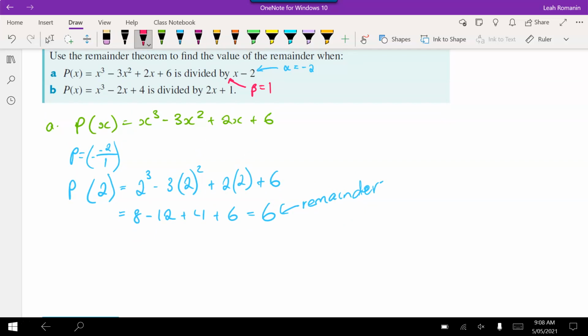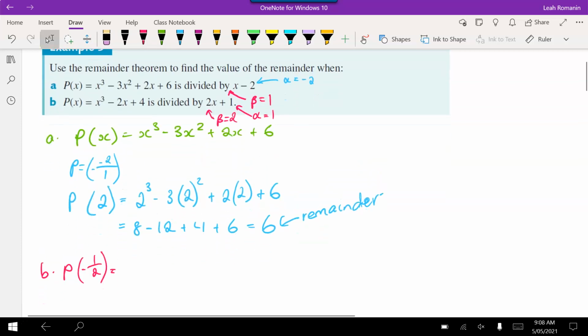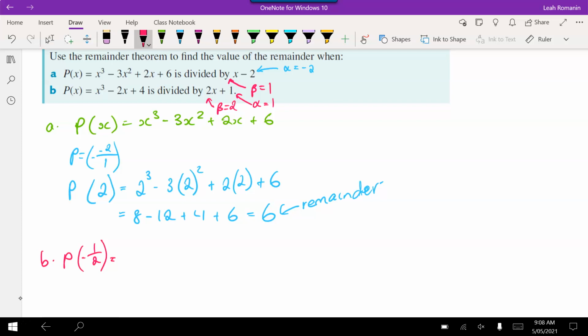Okay, let's do that again for example B. With this particular example, my beta is 2. That B looking letter is beta, it's a Greek letter, and alpha is the other letter, by the way. So beta is 2, alpha is equal to positive 1, which means that the p that I'm substituting in is going to be p of negative 1 over 2. Because neither of them are negative, nothing's cancelling out that negative in front of the fraction, and then I've got alpha on top and beta on the bottom. So I'm going to substitute that in.